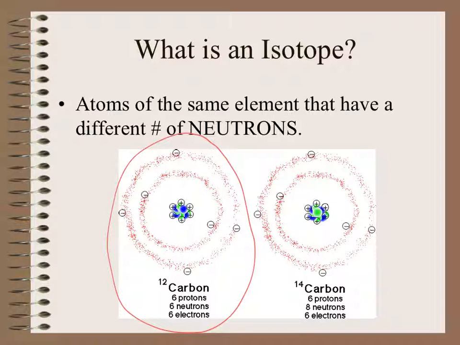So carbon-12 has 6 protons, 6 neutrons, and 6 electrons. The isotope carbon, on the other hand, is pictured on the right side. It's nicknamed carbon-14 because of the change in the number of neutrons. It still has 6 protons, it still has 6 electrons, but now there's 8 neutrons, so we have to accommodate that difference.